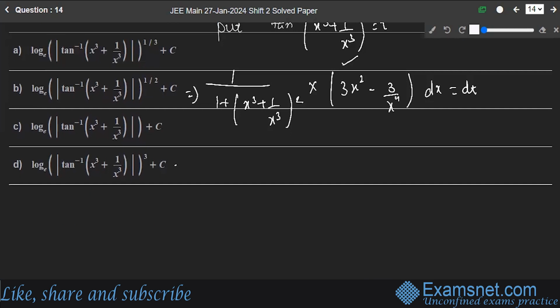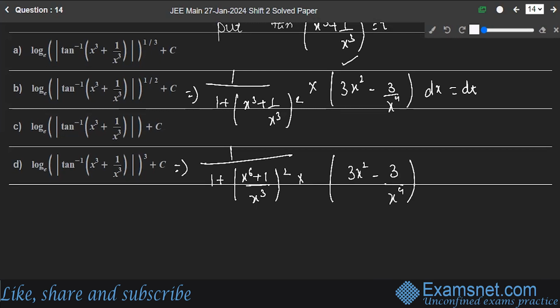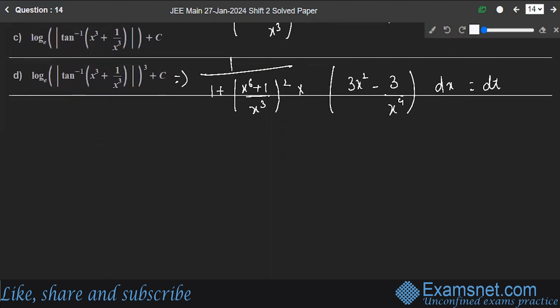So this will be equal to 1 upon 1 plus x power 6 plus 1 upon x power 3 whole square, multiply 3x square minus this, dx is equal to dt. Or this will be x power 6 upon x power 6 plus this, right?